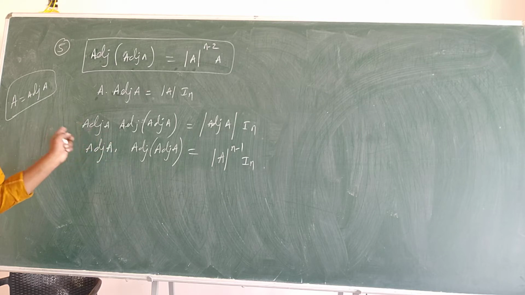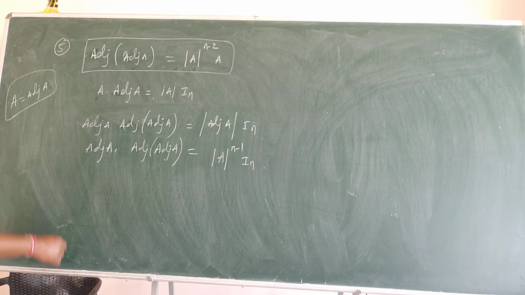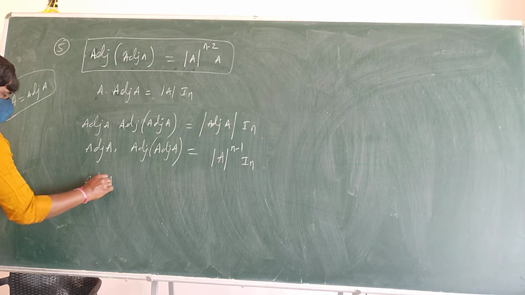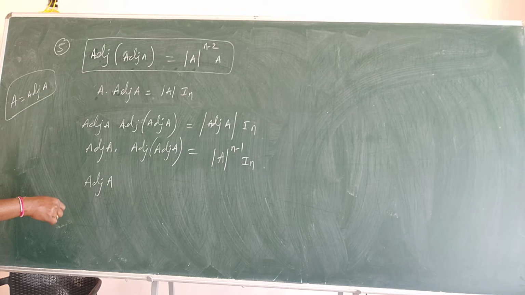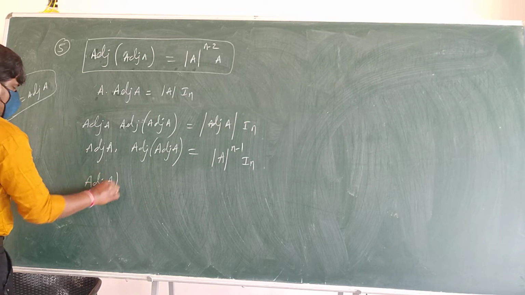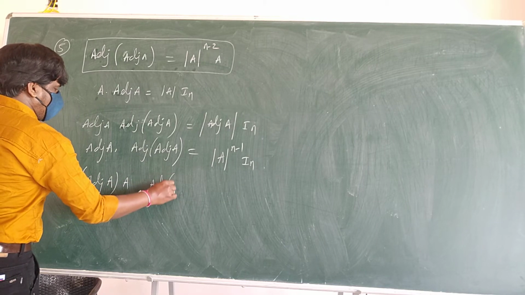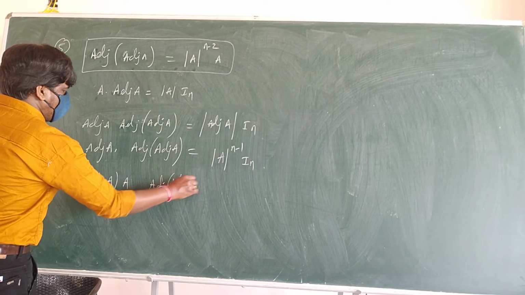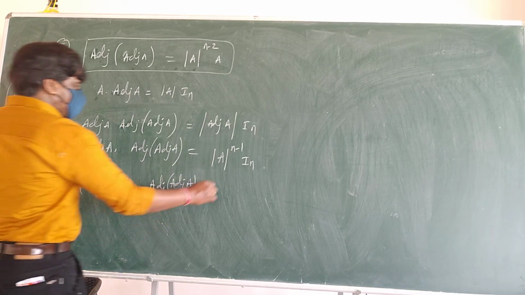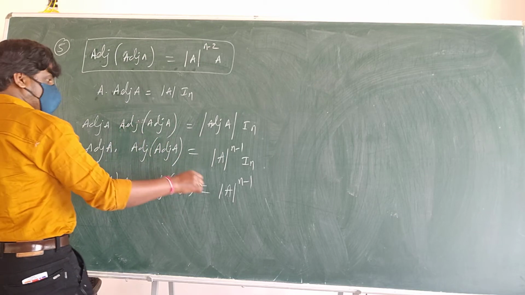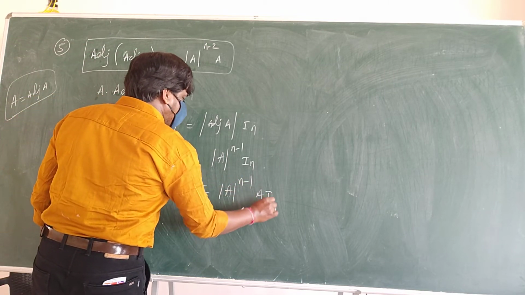So multiply A on both sides, pre-multiply or post-multiply. If you multiply adjoint of A into A, A into adjoint A is the same, so A into adjoint of A into adjoint of adjoint A is equal to determinant of A whole power n minus 1 into A into In.